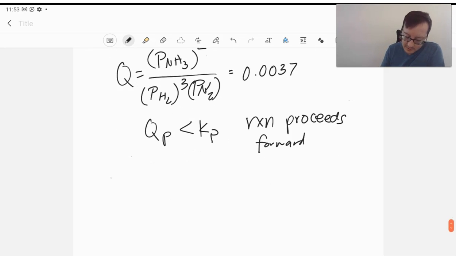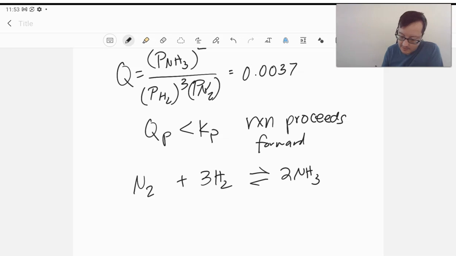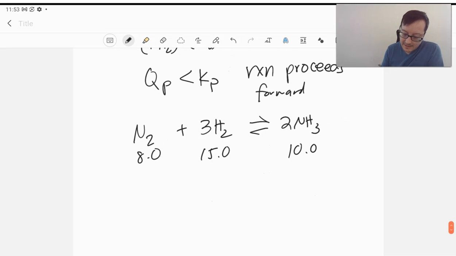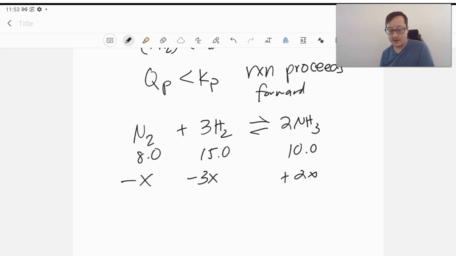So that means that in our ICE table, and this time we're not going to bother calculating it, but we can go ahead and put all of our values. In this case, we're going to be subtracting our reactants and producing products.